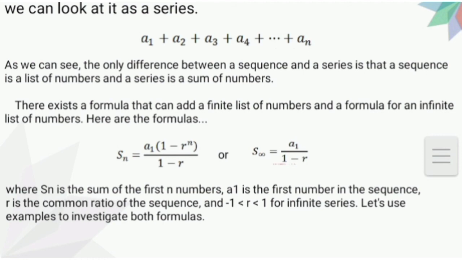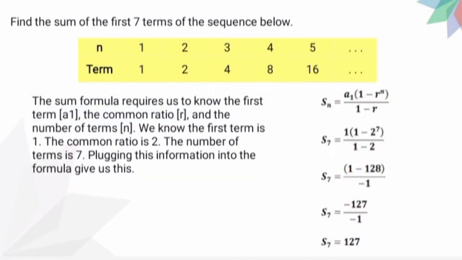Let's use an example to investigate the formula. Find the sum of the first 7 terms of the sequence. Below you can see the table. The sum formula requires us to know the first term a1, the common ratio, and the number of terms.